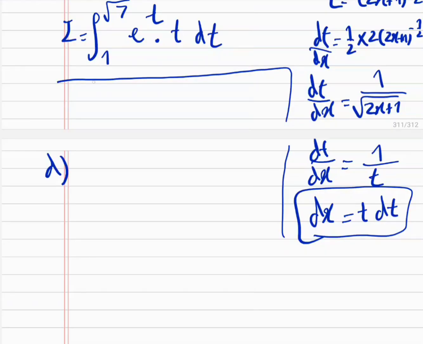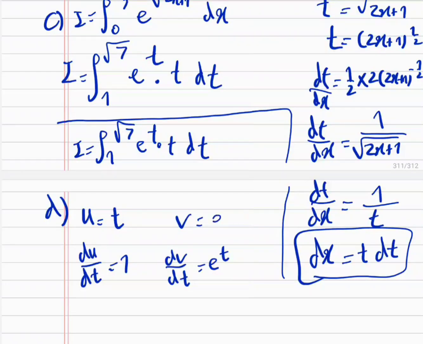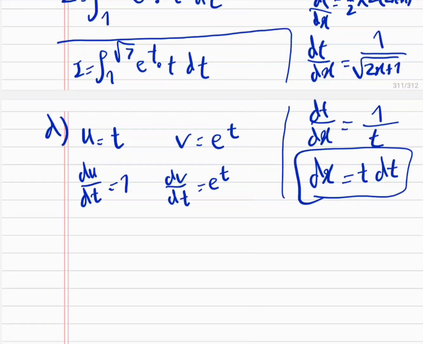So we have I is equal to the integral of e to the t times t dt, and now let u be equal to t, so du by dt is just 1, and then dv by dt is e to the power of t, which means v is equal to e to the power of t. Okay, now we use the formula of integration by parts, which is basically uv minus the integral of du by dt times v.